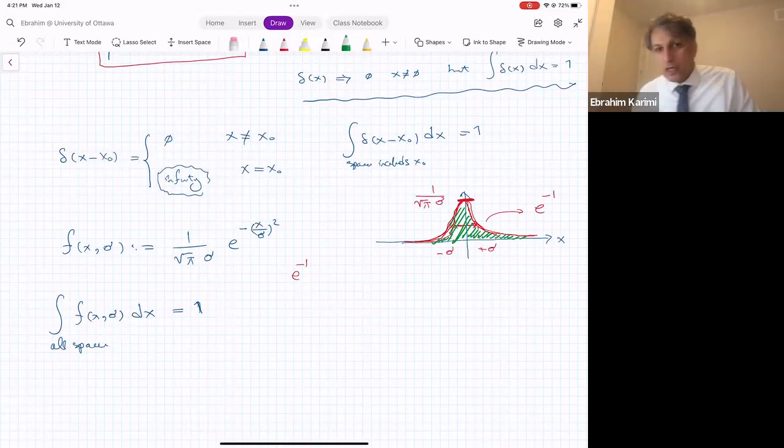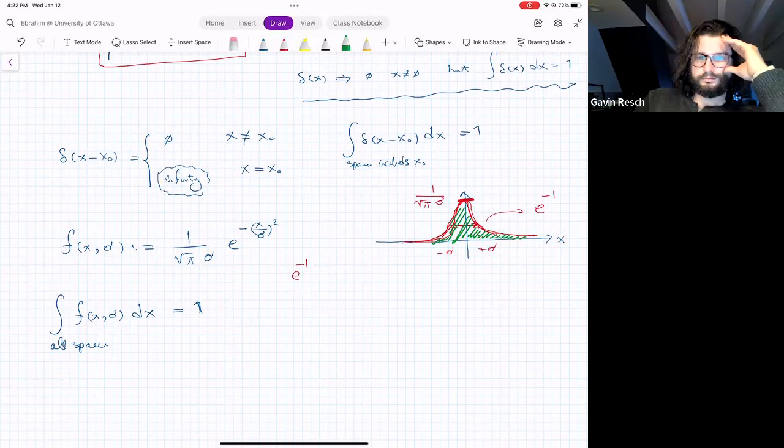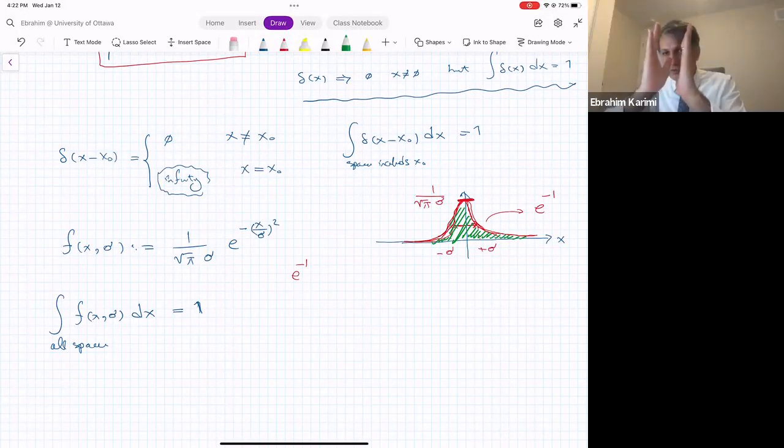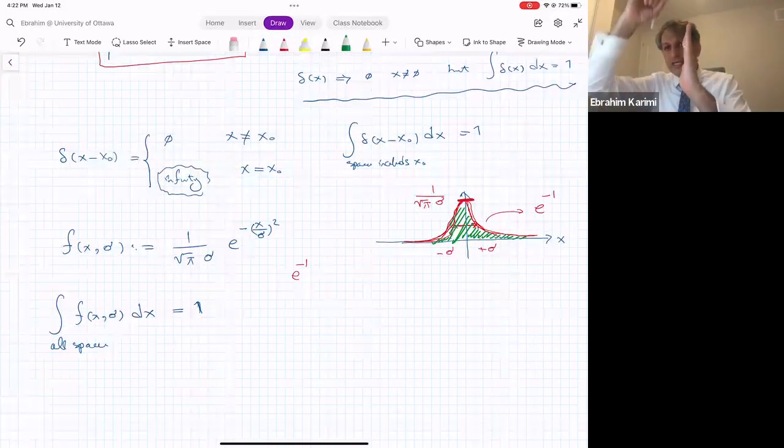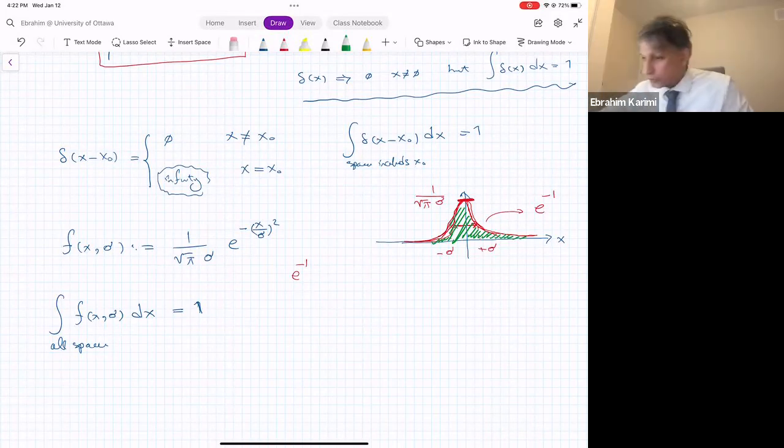Now, what happens if I change sigma to be smaller? When I change sigma to be smaller, the band will shrink down close to 0, and the height will increase because the height is 1 divided by square root of pi times sigma.